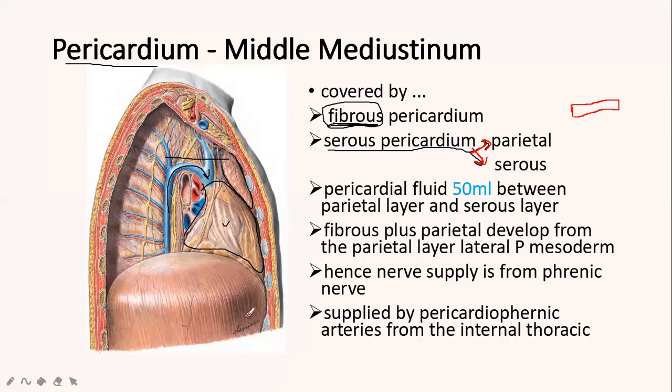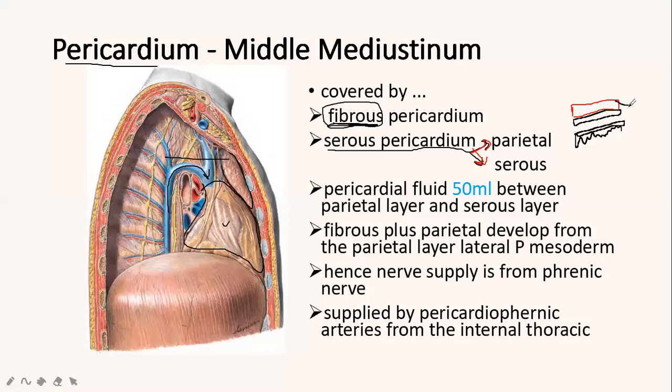Let me use different colors. This serous pericardium is divided into two: parietal, which is just underneath the fibrous, and then the serous. Then deeper to the serous, we have the heart.